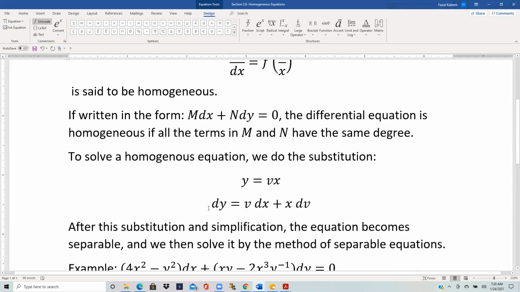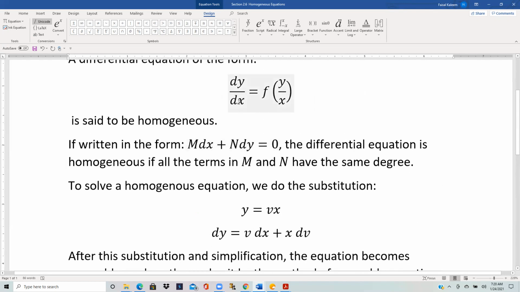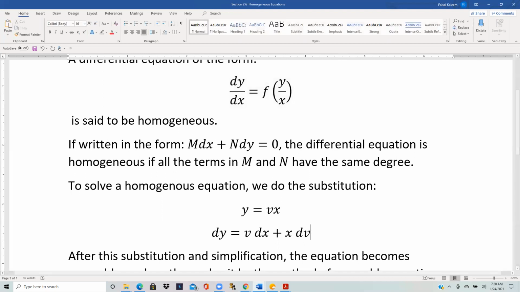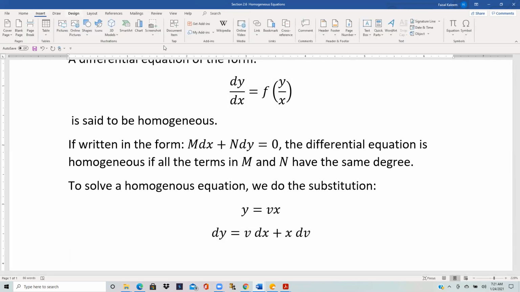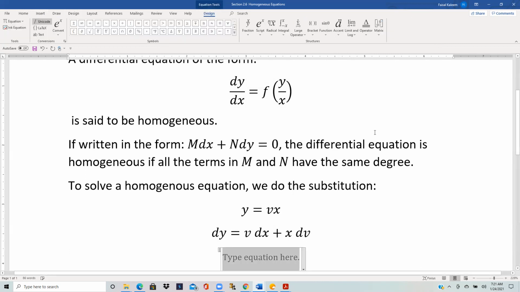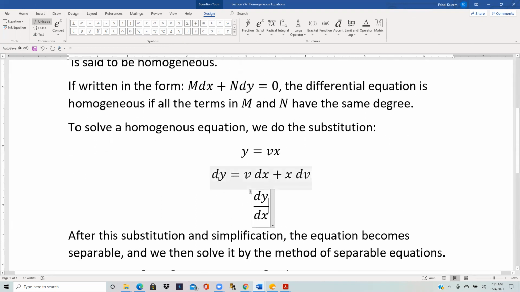But when the equation is given in this form, dy over dx is equal to f of y over x, then actually it's helpful if from this equation you calculate dy over dx. So think of dividing all of it by dx.